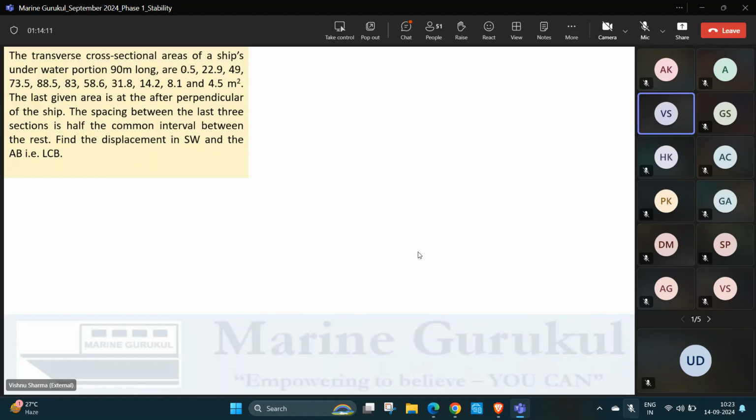So it's 1 to 10, effectively 10 spaces. Let us say this is at the forward end, then it is 4.5 square meters at the after end, and it becomes more in between, like this.